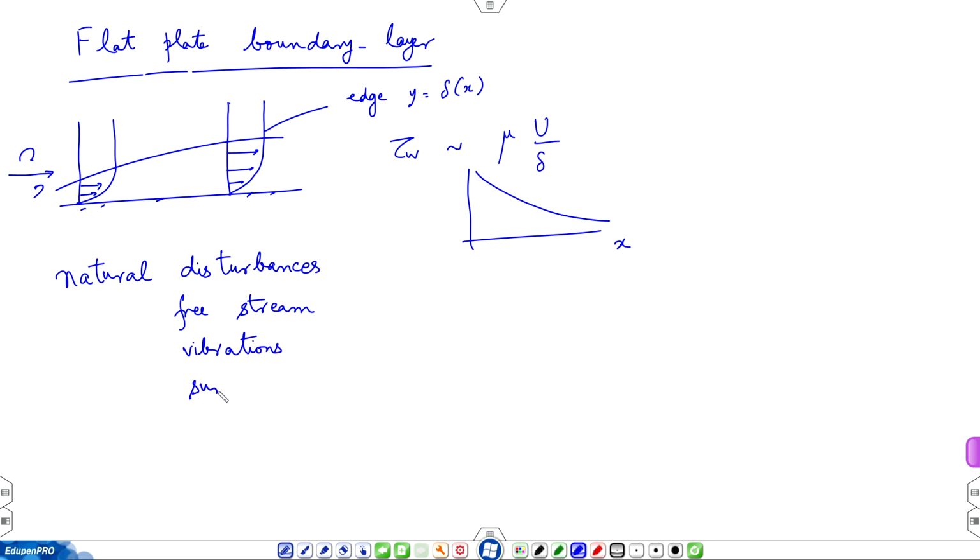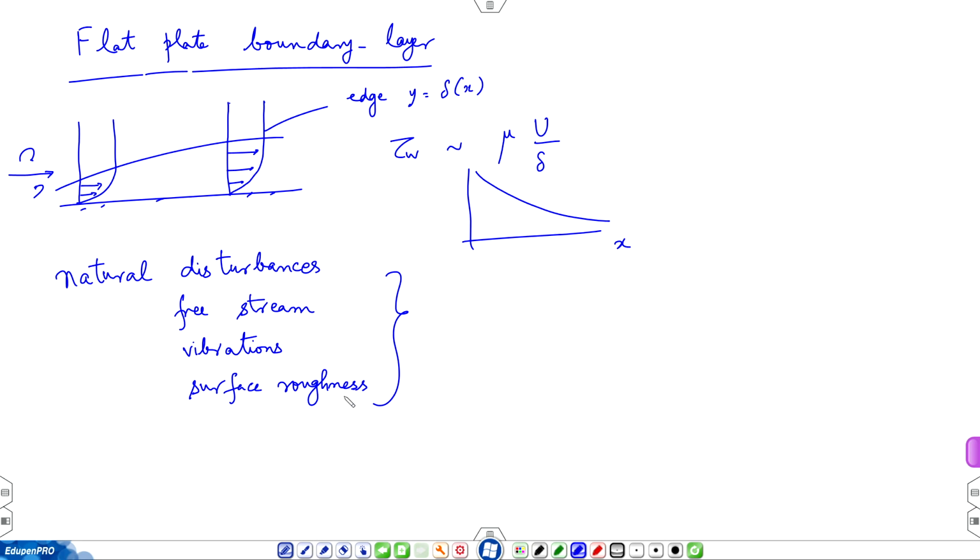Surface roughness, these tend to disturb the boundary layer repeatedly, and their influence is damped by viscosity inside the boundary layer.